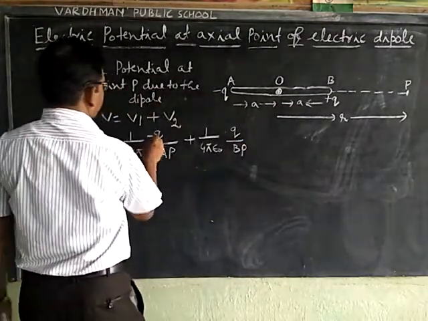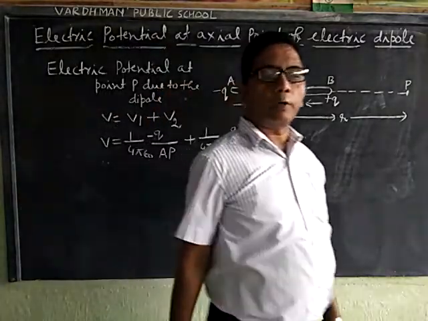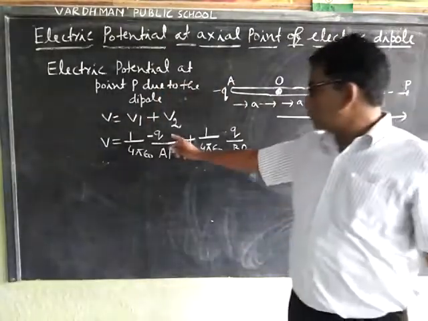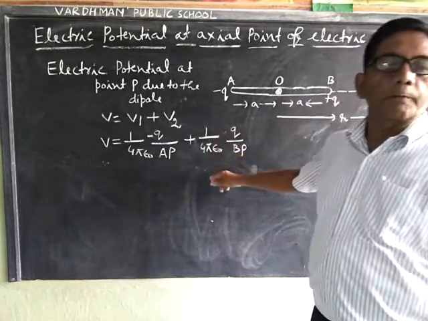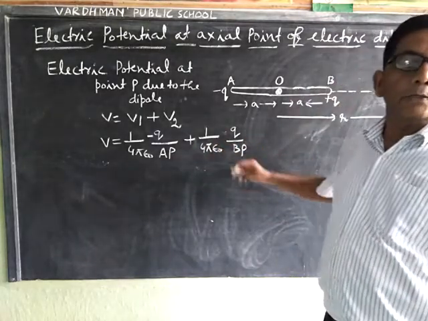Here, V is equal to 1 upon 4 pi epsilon naught minus Q upon AP plus 1 upon 4 pi epsilon naught Q upon BP.